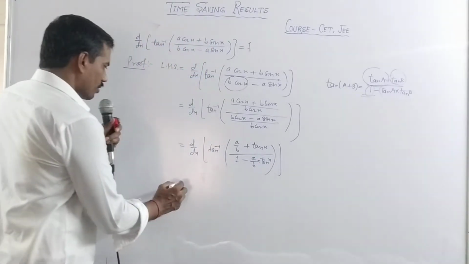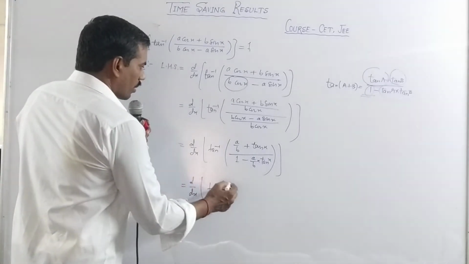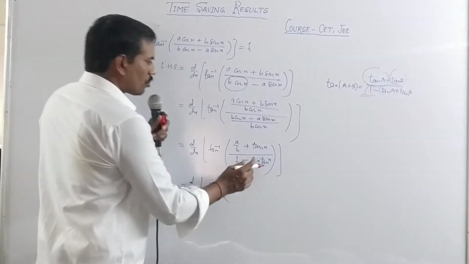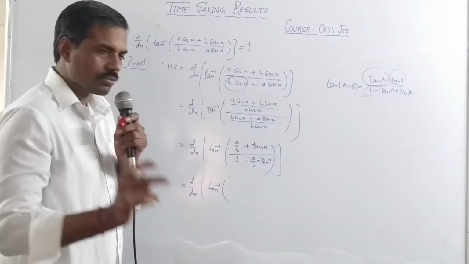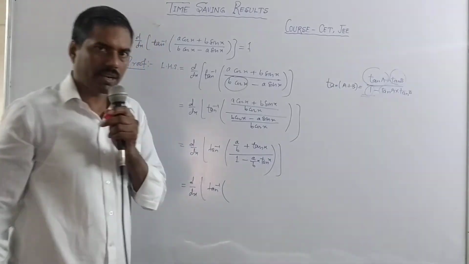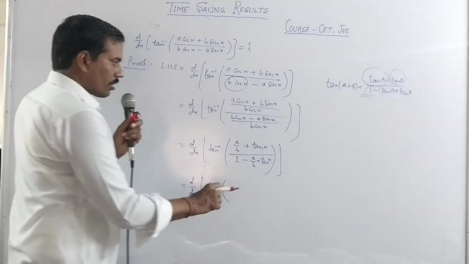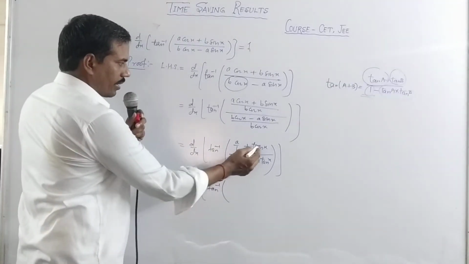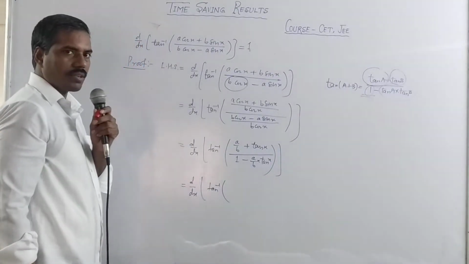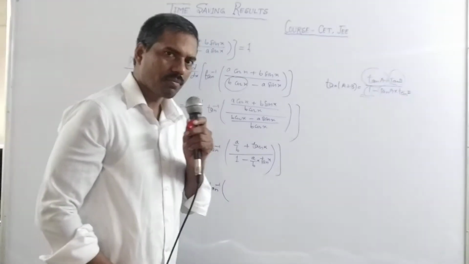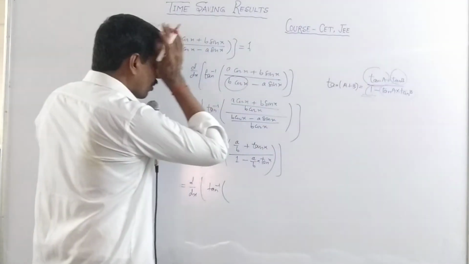Next process: d by dx of tan inverse of, and now we can use that format. In the numerator there are two terms: first one is a by b, second one is tan x, and both are multiplied in the denominator at the second place, in the second term. So we can use that format.